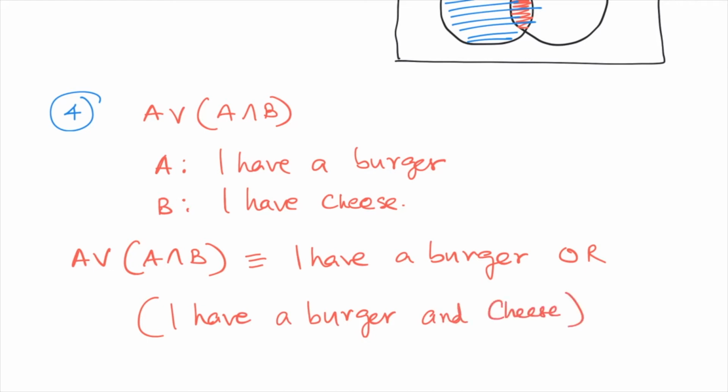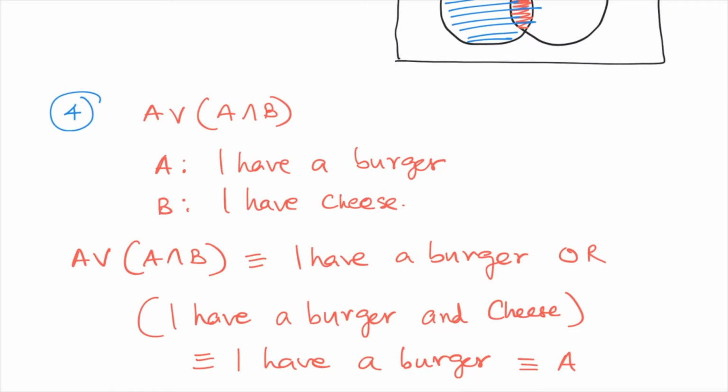Now think about this statement. It says I have a burger or I have a burger and cheese. Maybe say I have a cheeseburger. So when you combine these two statements, it simply means that I have a burger. So this is equivalent to statement A. So that is the fourth approach of doing this question.